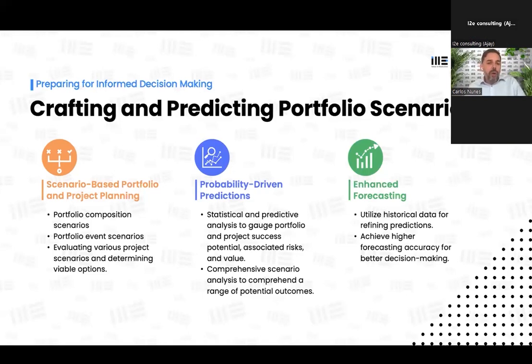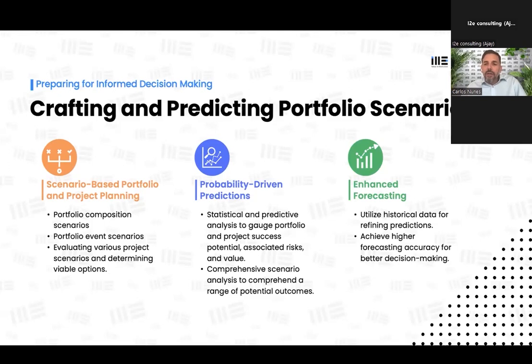What kind of portfolio, if we make the right investments early, could we see in 5 to 10 years from now? So we may be able to introduce probability-driven predictions so that we can understand the power of the portfolio as we make early investments, and understand the points where we might want to make interim investments like asset acquisitions or even large-scale mergers with other companies.